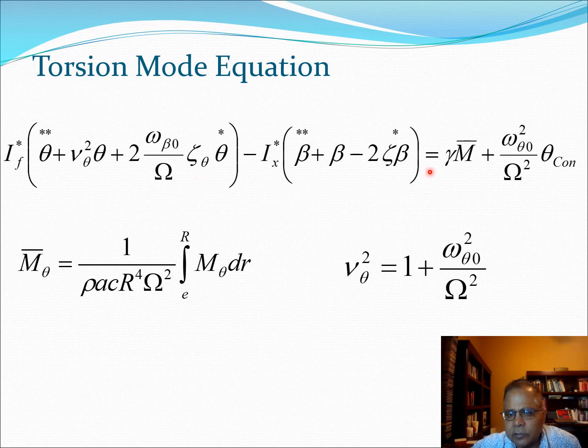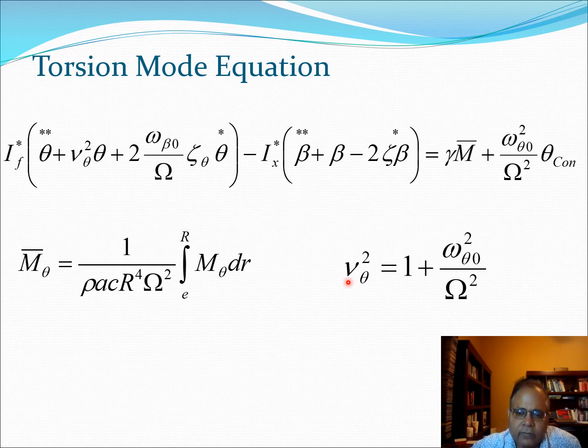Then there is the term involving I x star, which involves the flap and the lag. Now, interesting thing, of course, we know this term would vanish if xi was 0. And then you have the right hand side here. The usual terms for the aerodynamic force, and then we have the non-rotating frequency here, and we have the rotating frequency here.